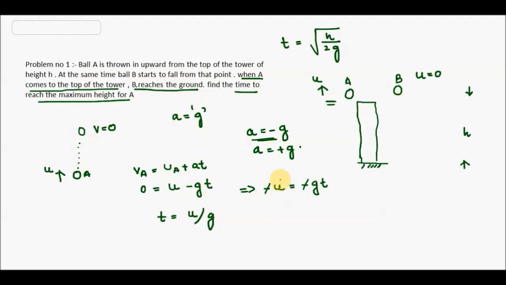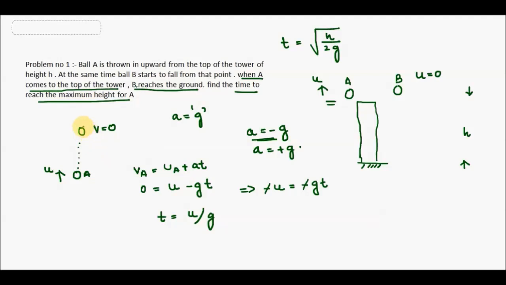So what will be the time taken by ball A in reaching back to its original position? We need to calculate that first. If you carefully notice, when ball A is projected with a velocity of u, it reaches its maximum point at the time of u over g.